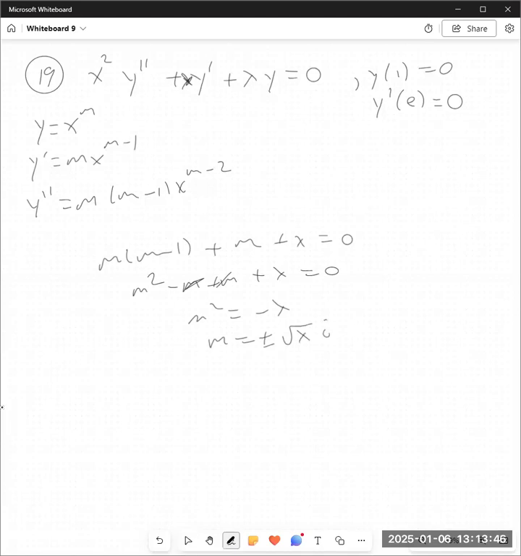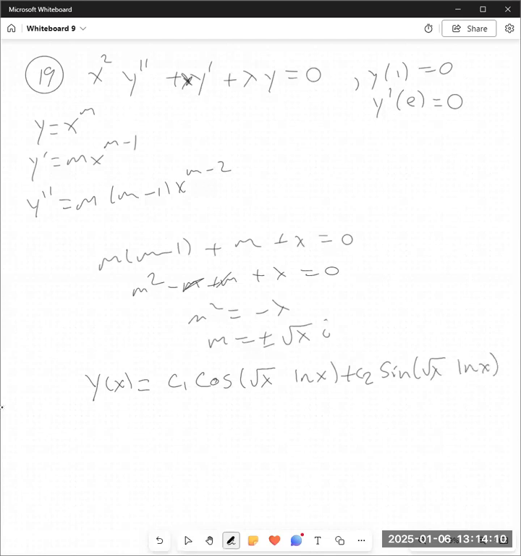And that means that y of x is equal to C1 cosine of root lambda ln of x plus C2 sine of root lambda ln of x.